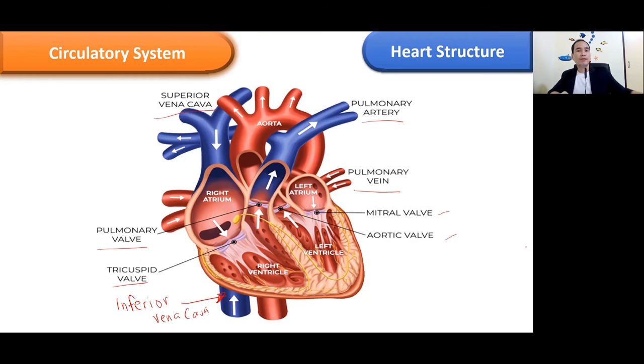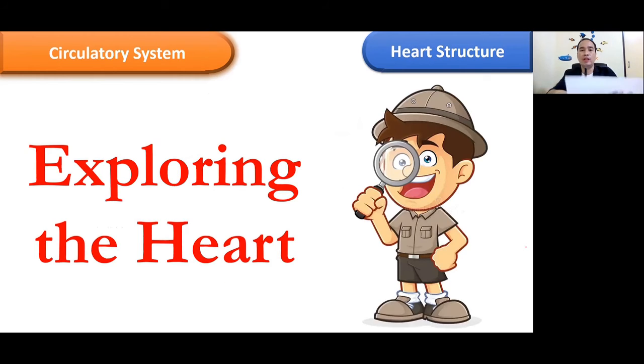So, M2, I am going to give you a photocopy of this. Make sure to have it because it's very important. We are going to use this photocopy in exploring your heart.